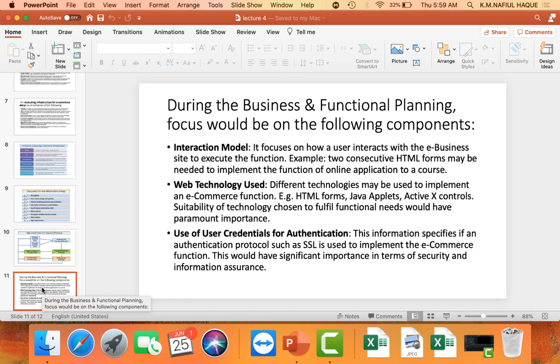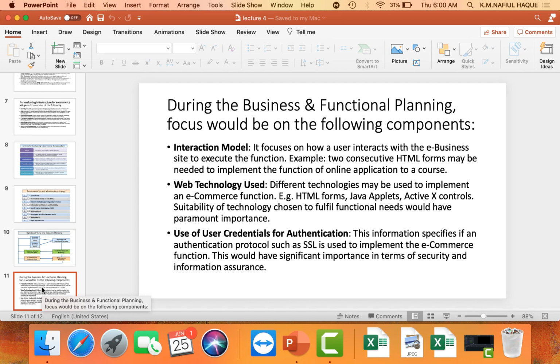Then the web technology used: what are the core technologies used in the background to achieve business goals. And the use of user credentials for authentication: how you can differentiate each and every customer by using proper secure database technologies.